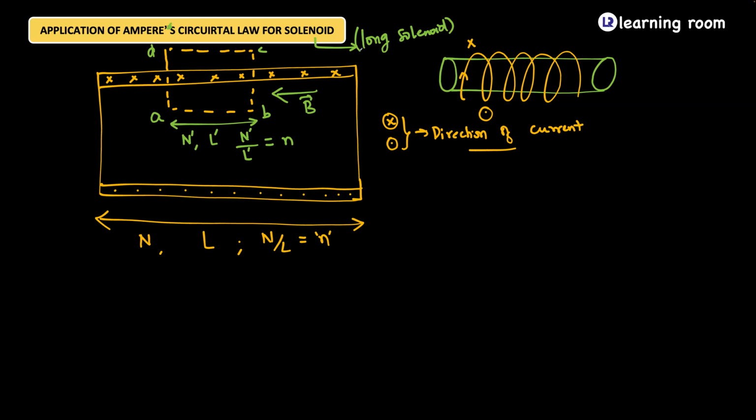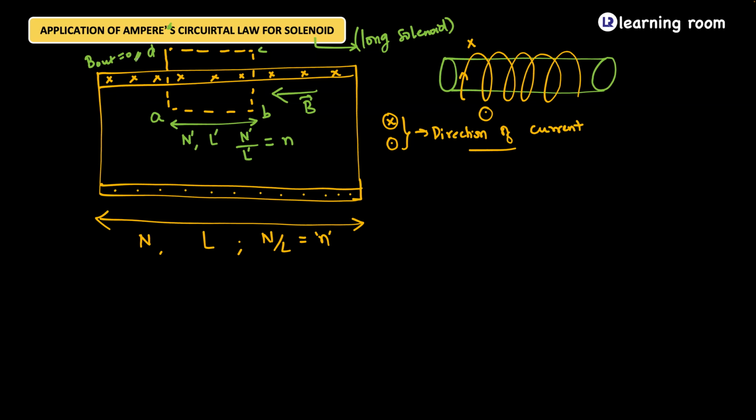For a long solenoid, the magnetic field outside the solenoid will be 0. The magnetic field exists only within the solenoid itself. So the only portion of the Amperian loop which participates is AB.